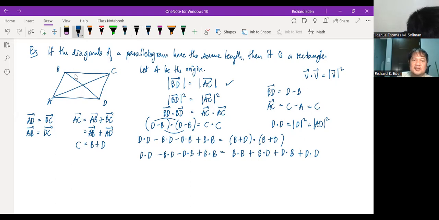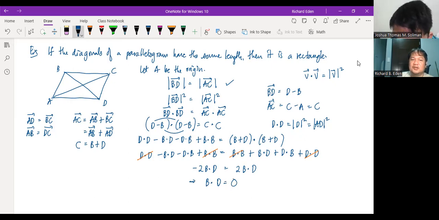Okay? So, a lot will cancel. D dot D here, B dot B here, and so what you're going to get is B dot D and D dot B are the same, so minus 2 B dot D on the right side, twice B dot D. And then it's easy to conclude that B dot D must be 0, scalar 0.